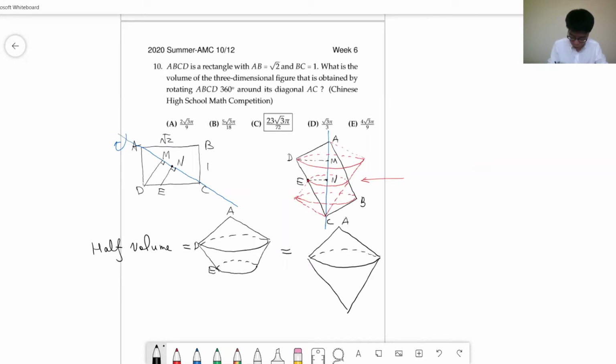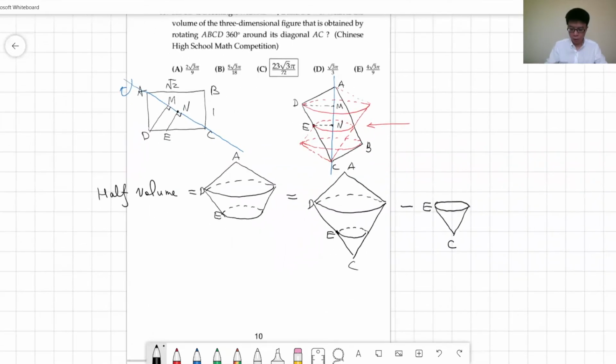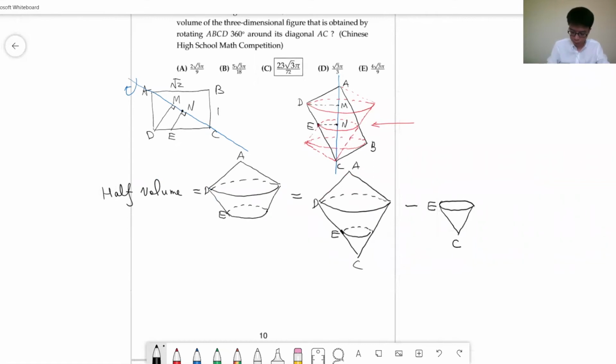Okay, this is A and D. Here it will have C. This whole is like two cones, the union of two cones, minus this small cone. Here is E, minus this small cone. Okay. Now let's calculate these two pieces.